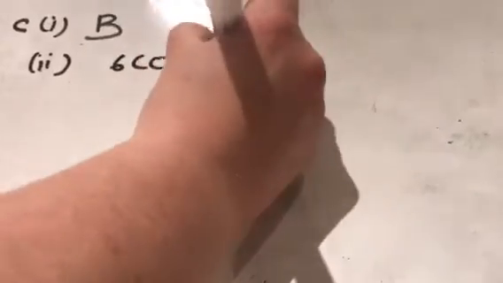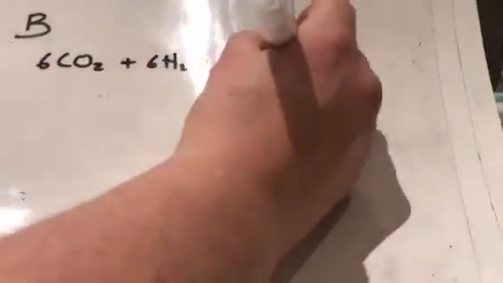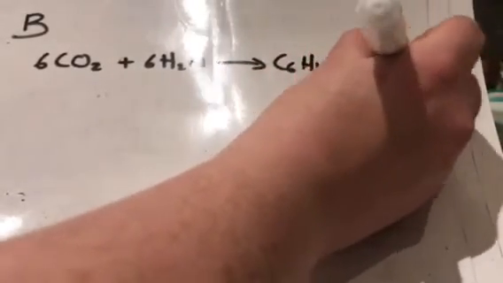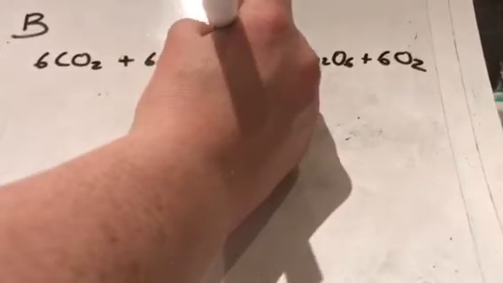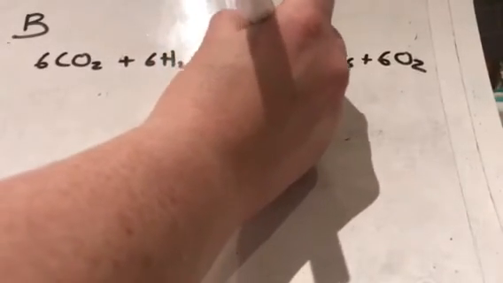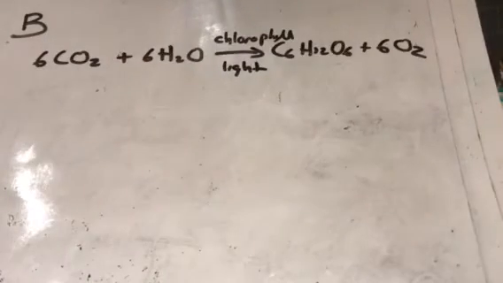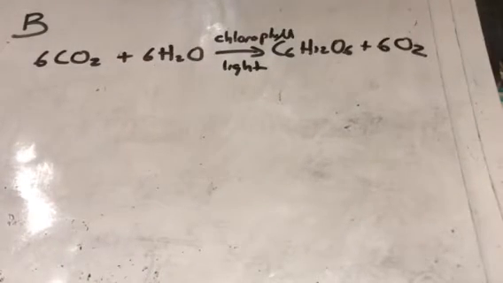So you've got 6 CO2 plus 6 H2O, the 6 in front of everything except glucose, arrow, C6H12O6 plus 6 O2. Obviously we need chlorophyll present, and we need light present for that to occur. So that's one that you need to learn off. Done.